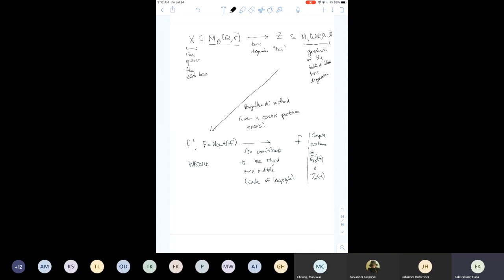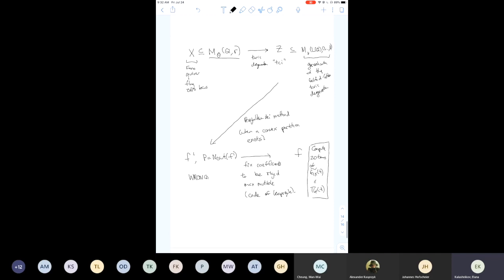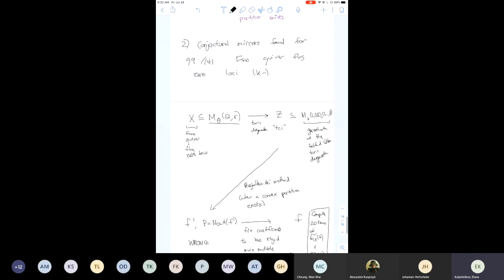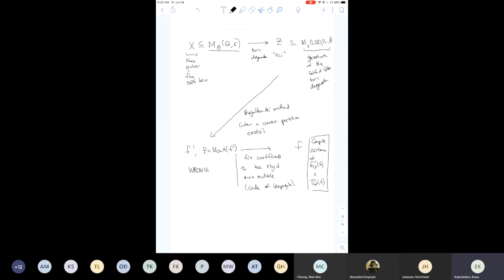There's no closed formula for the period sequence of a Fano quiver flag zero locus, so it's not so easy to just check that they're equal, but once you get to 20 terms, you're talking quite large numbers, so they're at least very likely to be Laurent polynomial mirrors to the quiver flag zero loci. And so I think this is good evidence for the conjecture, because you exactly obtain a mirror only when you fix the coefficients in a way that makes them rigid maximally mutable.